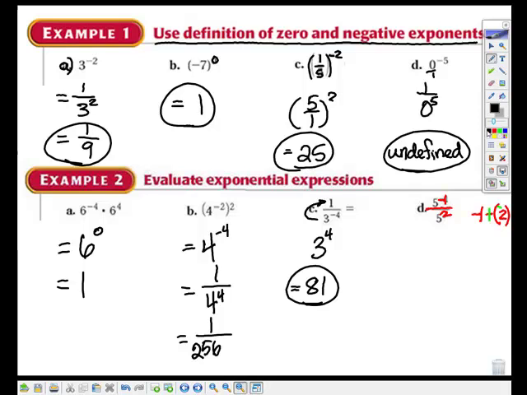So this is going to come out to be 5 to a negative 3 power, which is 1 over 5 to a positive 3 power, which then becomes 1 over 5 times 5 times 5, which is 125. So our answer to that is 1 over 125.